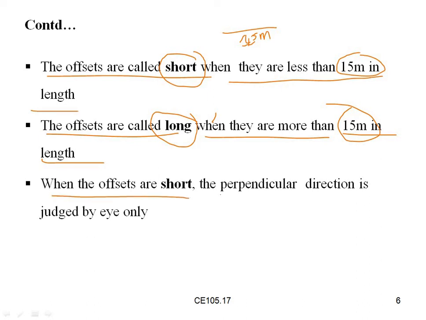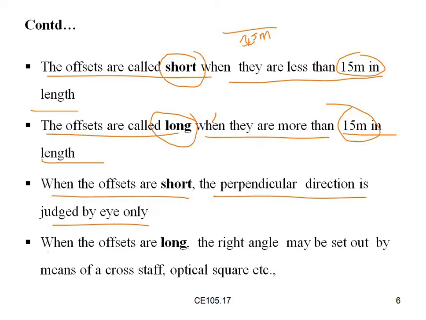When the offsets are short, the perpendicular direction is judged by eye only. Within 15 meters we can see the point very clearly, so with the naked eye we can give the direction and measure the length by tape very accurately.